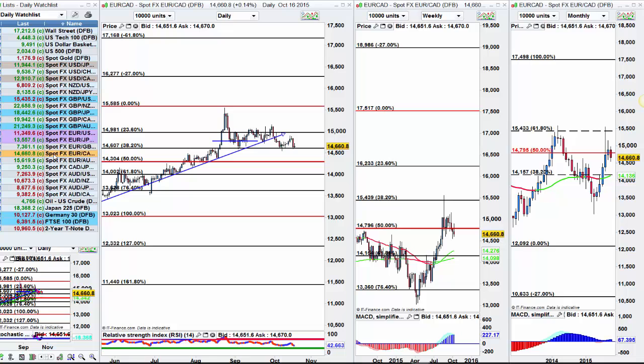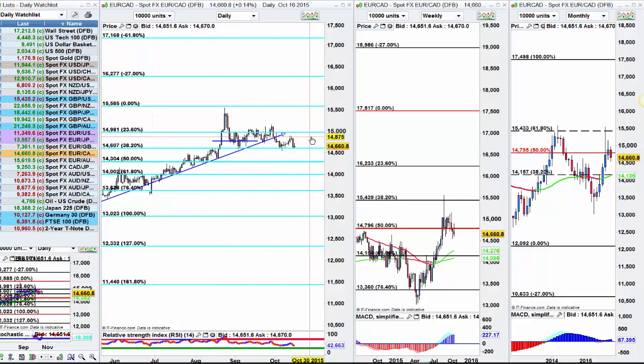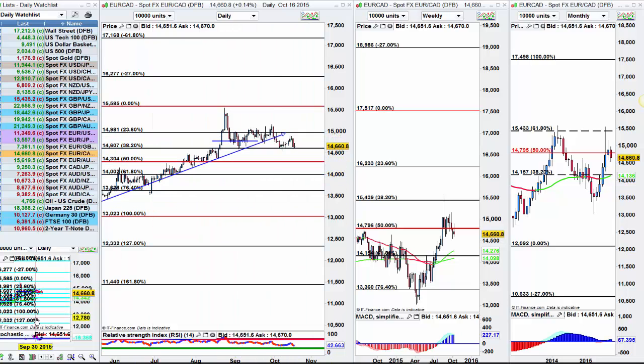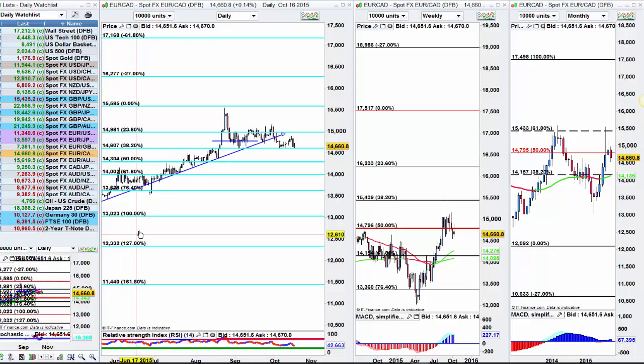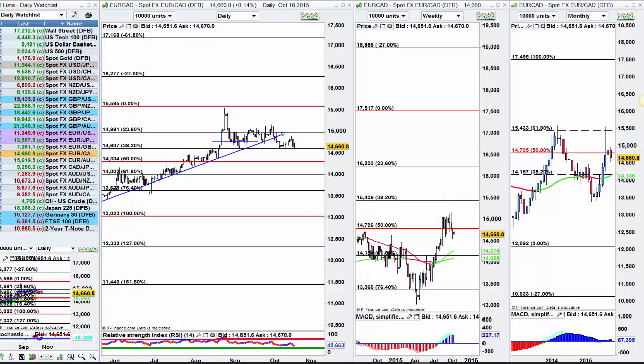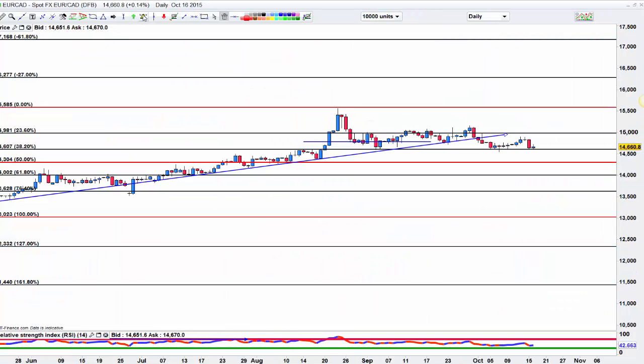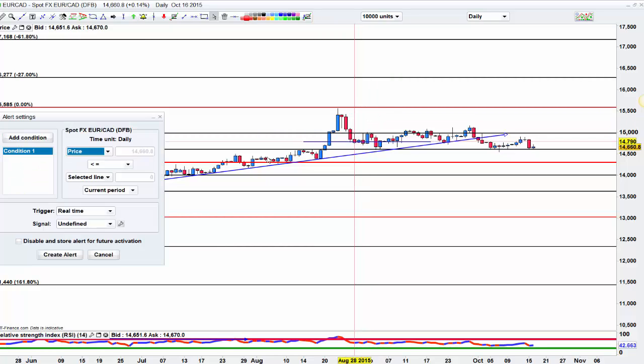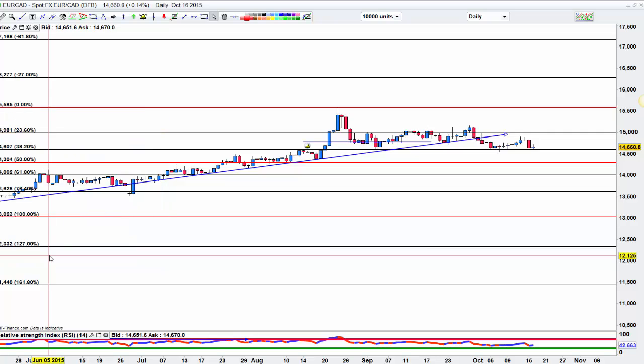Euro CAD. It's a major week for the euro and the CAD, so this is potentially going to be interesting. What do I think is going to happen? I think we might creep up to that resistance level at 148. In fact, I'm even going to alarm this. Right, that's not worked.